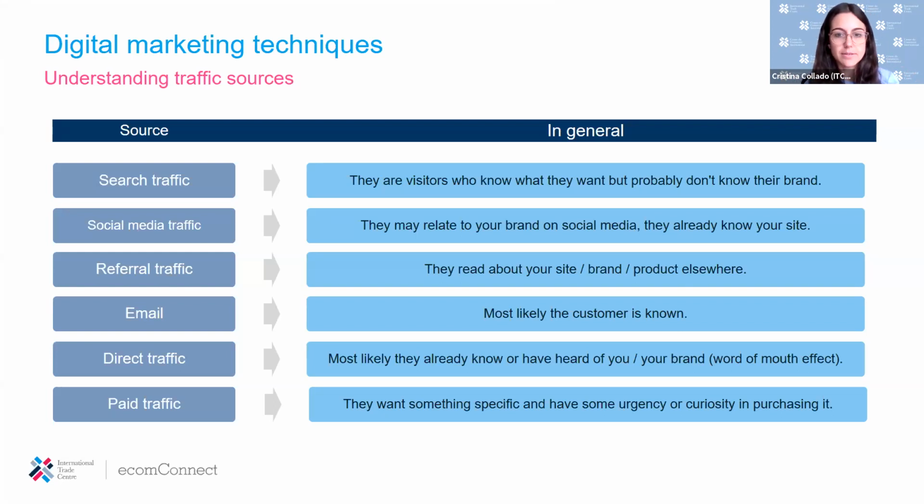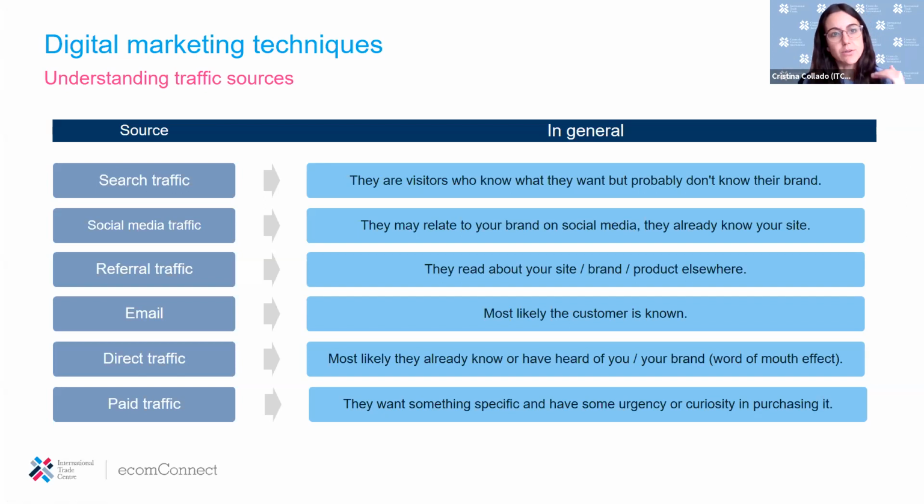Then we have paid traffic. This is visitors that arrive to your website because they have seen an advertisement, and they click on the banner, on the small video showing who you are, and they go to your website.